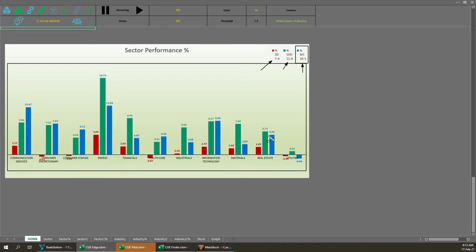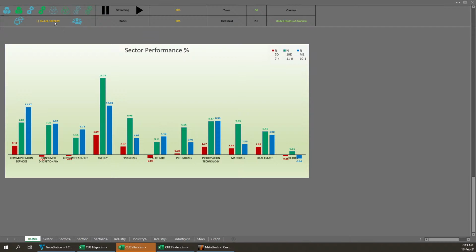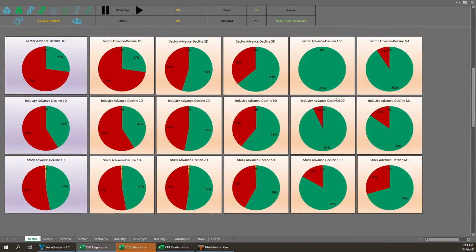However, our trading decisions are made on today's date for swing trading, and that picture is telling us to be cautious based on this overall sector, industry, stock breadth transition from a very bullish picture to mixed to a bearish picture yesterday.